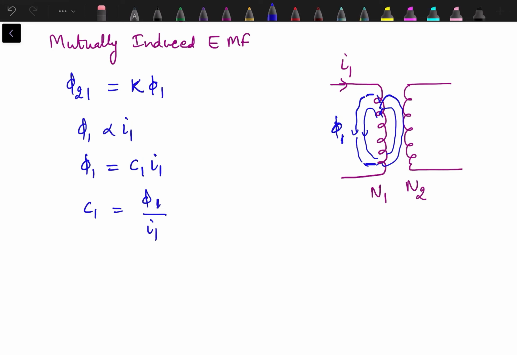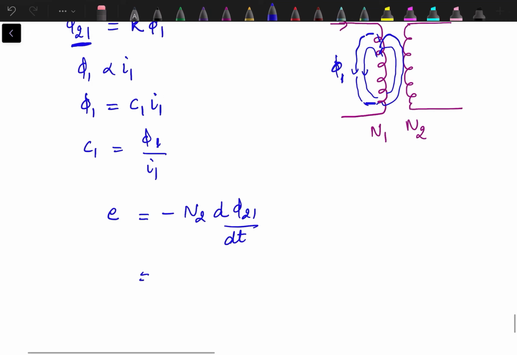Now, as per Faraday's law, the induced EMF in the second coil is equal to minus N2 into the flux linking with the second coil, that is phi 21. So minus N2 d phi 21 by dt.